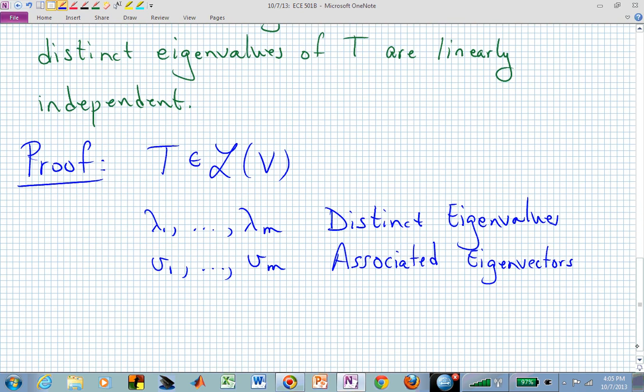And what I would have you make note of is that we haven't said that m was as big as the vector space that we're living on. In this case, m, the number of distinct eigenvalues, may not be the same number as the size of your vector space. That's what I'm calling n. So n is our dimension of V.